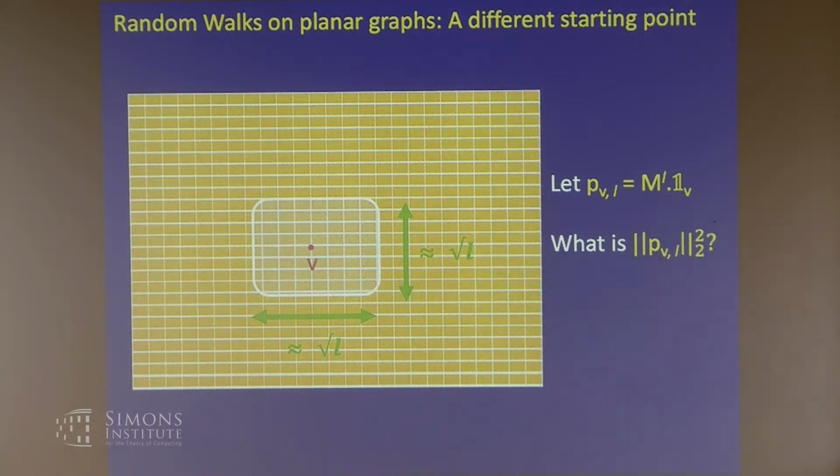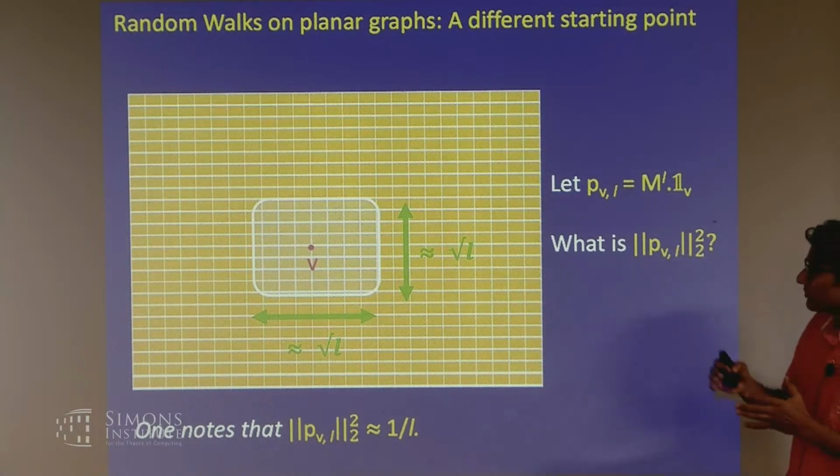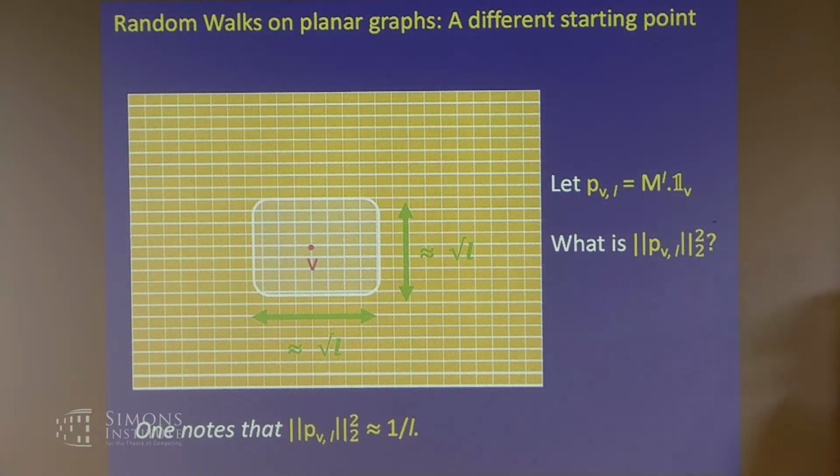So it's somehow trapped inside this root L by root L box around the start vertex. One notes that the 2-norm squared of this distribution is fairly large. It's at least 1 over L. We call such vertices non-leaky vertices, because random walks or diffusions from the start vertex tend to get trapped in tiny little boxes around the start vertex.